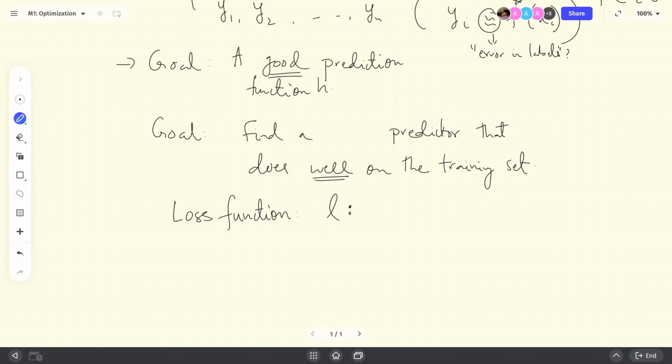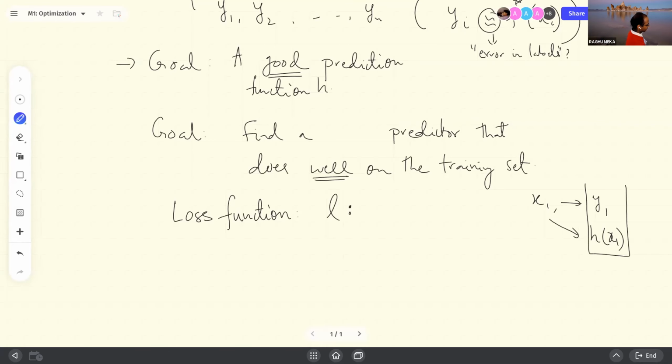I'm already telling you what the predictor is, your hypothesis, your prediction function. And even more basic, almost all of ML, you first decide how to compare two predictions. I have X1, I have my Y1, and my current prediction algorithm said the label should be H of X1. And I want to check how good is H on my example X1.